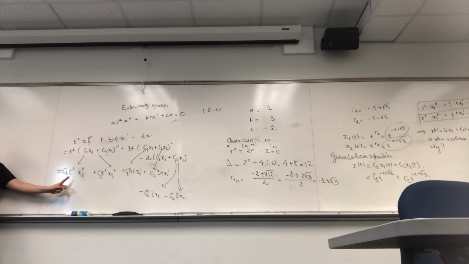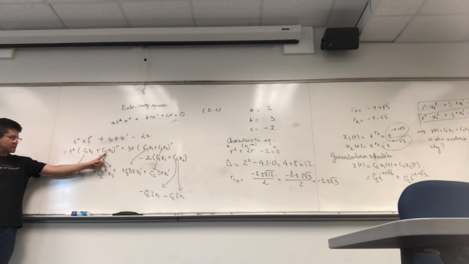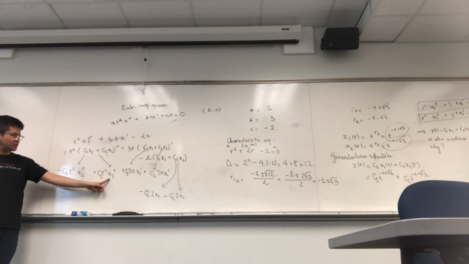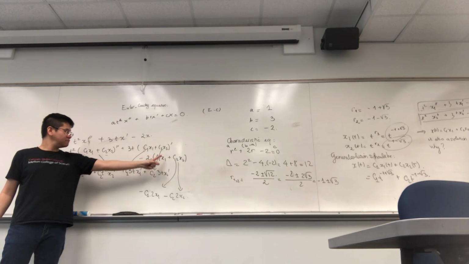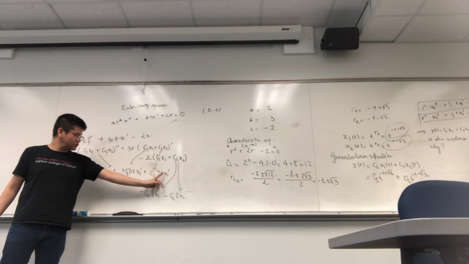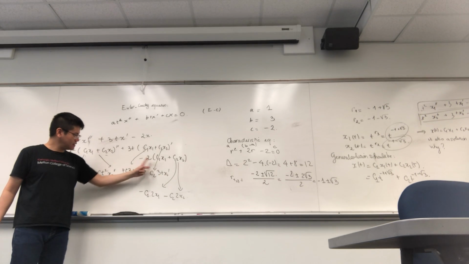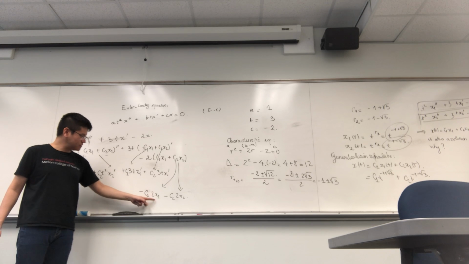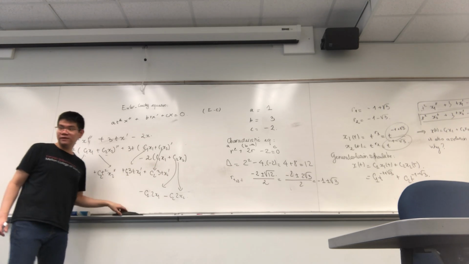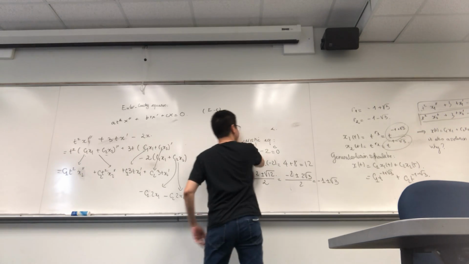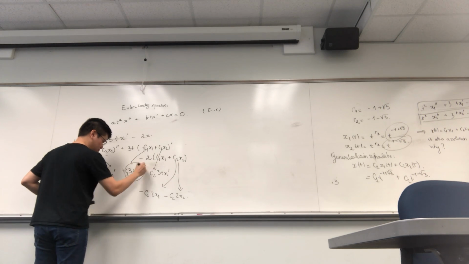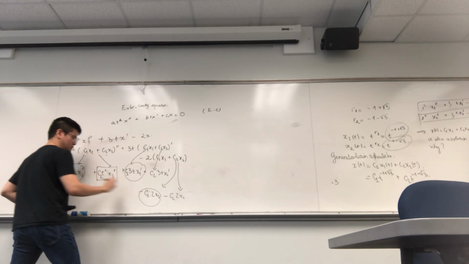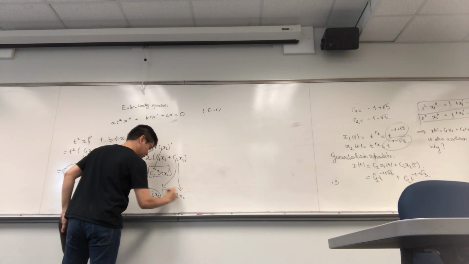So the first guy gives you c1 t squared x1 double prime, and also c2 t squared x2 double prime. The second guy gives you c1 3t x1 prime, and then you have c2 3t x2 prime, and then here you have minus c1 2x1, and here you have minus c2 2x2, right? And then you combine them. So this circle combines with this circle, and this rectangle with this rectangle and with this rectangle.